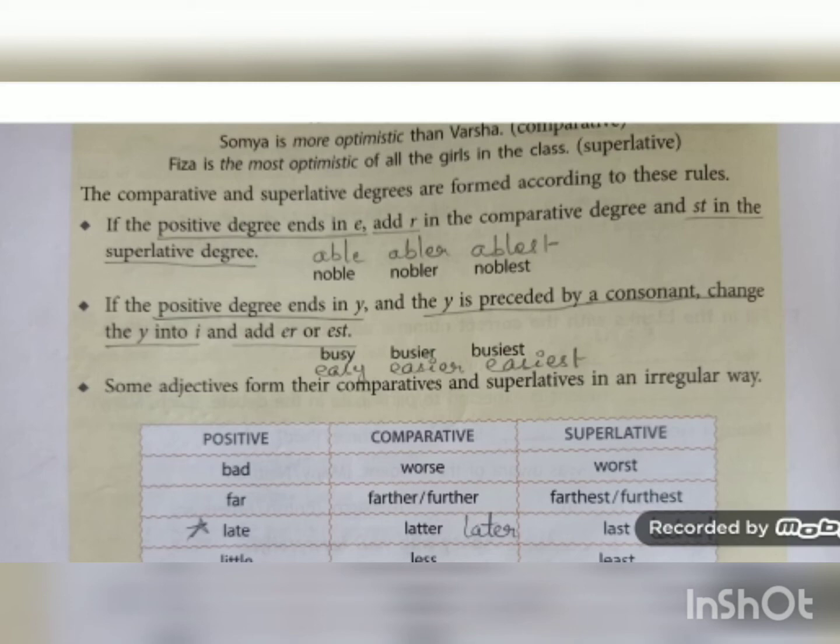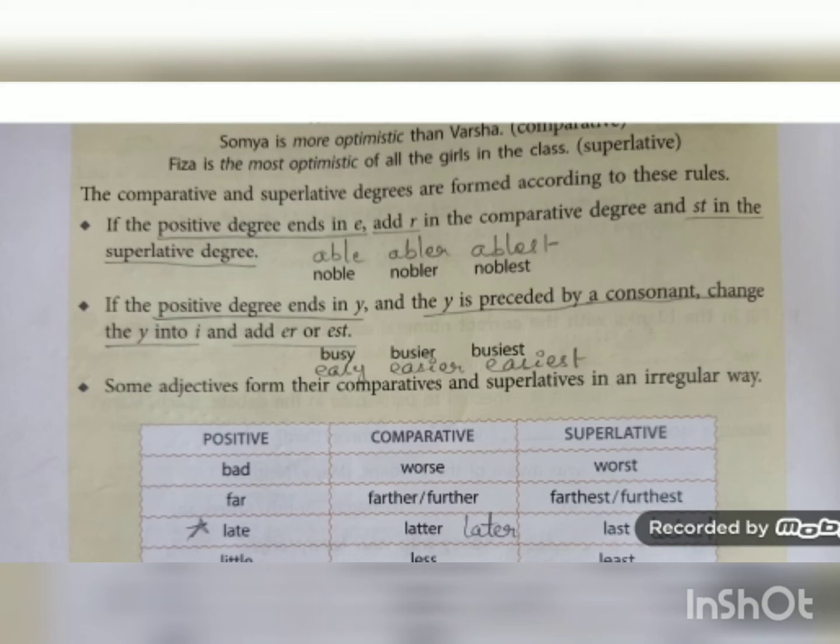It ends with E, so no need to add ER again. So we add only R in comparative degree and ST in superlative degree. Noble, nobler, noblest. Similarly, one more example is given: able, abler, ablest.